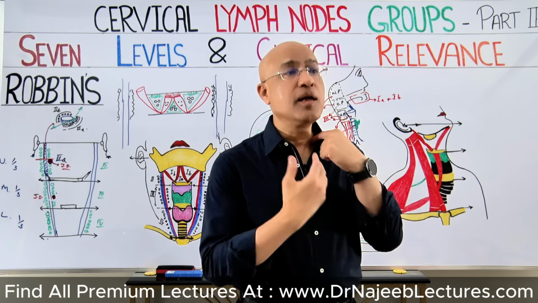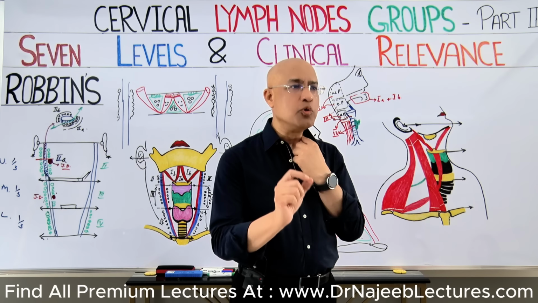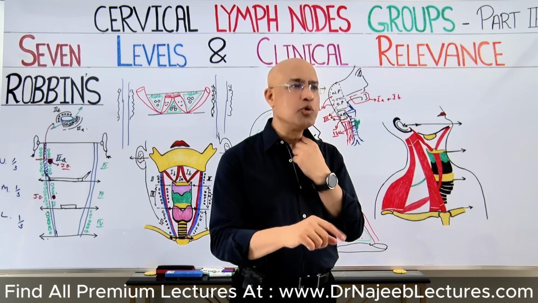So if you don't remember anything else from this lecture, please remember the Virchow lymph node in its pathological form and doing the investigative work. You will save some lives in your life, okay?